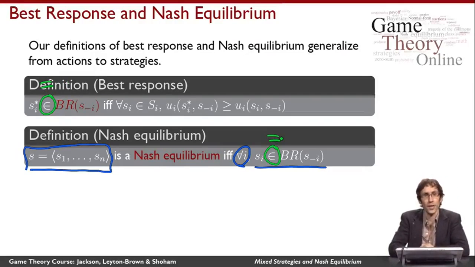Well, the reason I don't use an equal sign is because the set of best responses might have more than one thing in it. So there might not be only one best response. Sometimes there'll be multiple best responses. And so here what I'm saying is a strategy is one of the best responses if this condition is true. And I'm saying a strategy profile is a Nash equilibrium if everybody is playing one of their best responses.